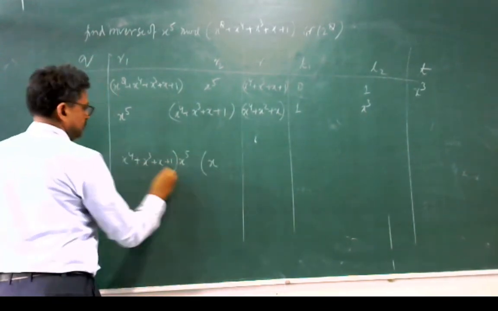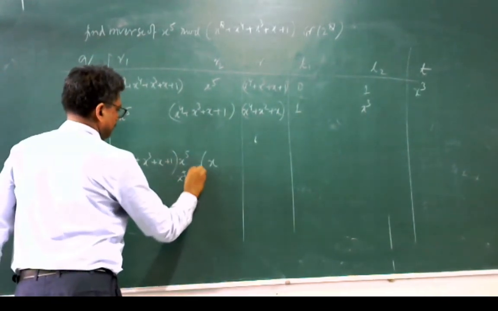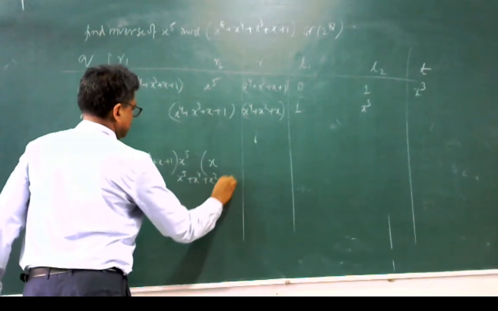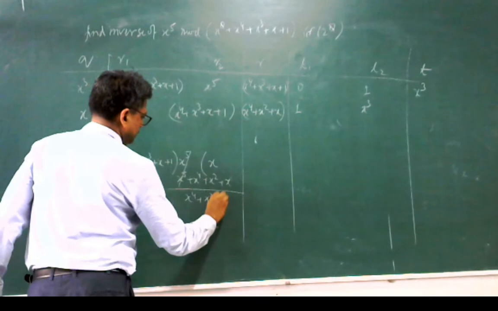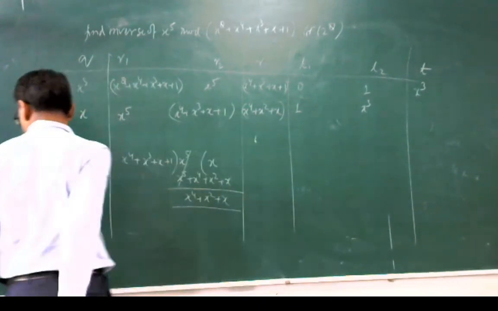So it will be x to the power 5 plus x to the power 4 plus x square plus x. So this will cancel out. We will be left with x to the power 4 plus x square plus x. That is what has been written.